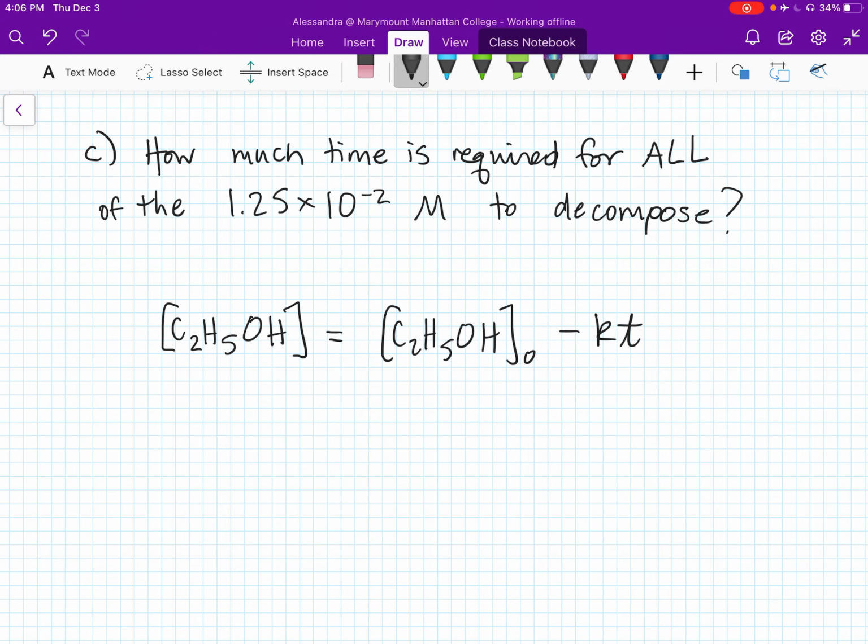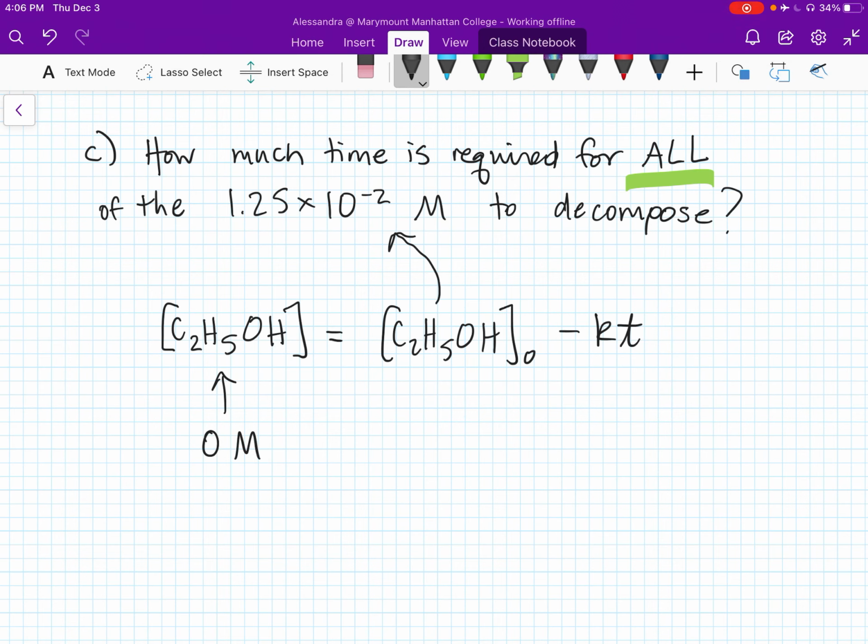The initial concentration of ethanol is 1.25 times 10 to the minus 2 molar. I know what K is. I want to figure out what t is. So the question is, what is the concentration at time t? Well, if we want all of it to decompose, the concentration at time t must be 0.